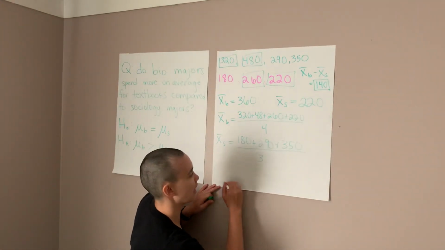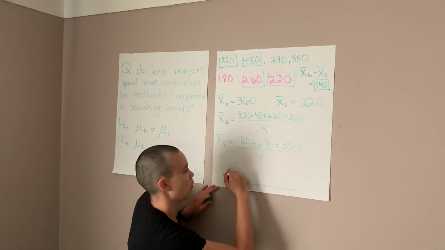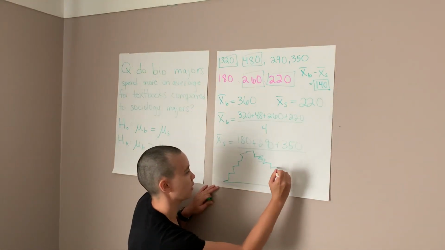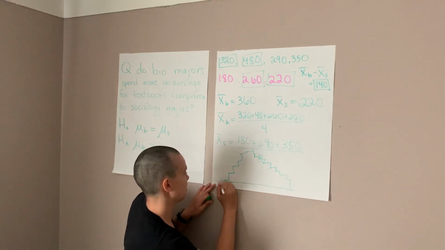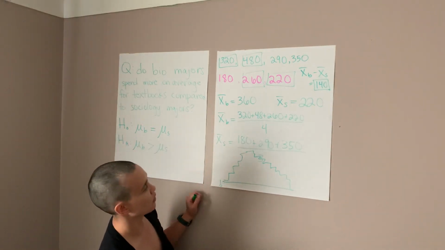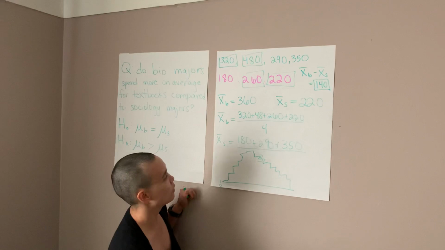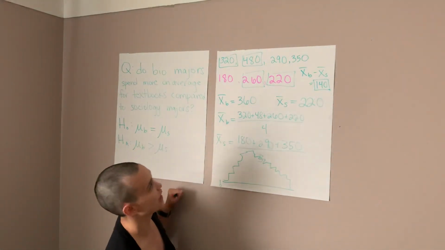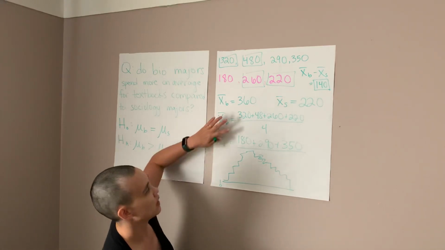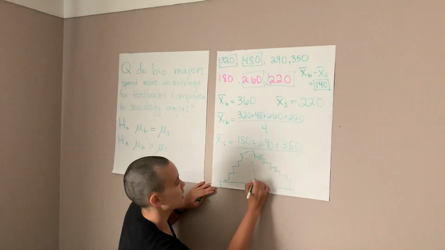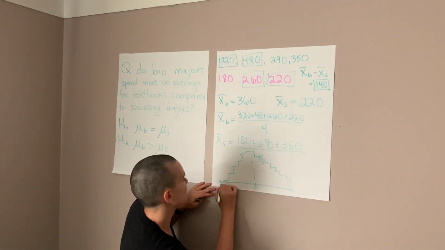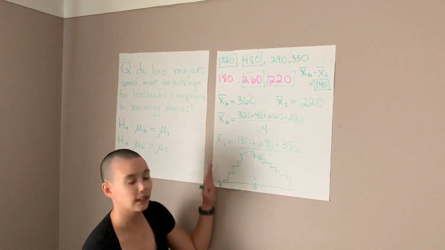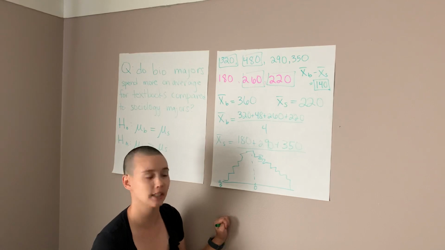So in the end, maybe our differences in means will have a histogram that looks something like this, and maybe 0 is over here. Actually, sorry, 0 should be like here. Then we can test where 140 lies in comparison to the rest of these simulated test statistics.